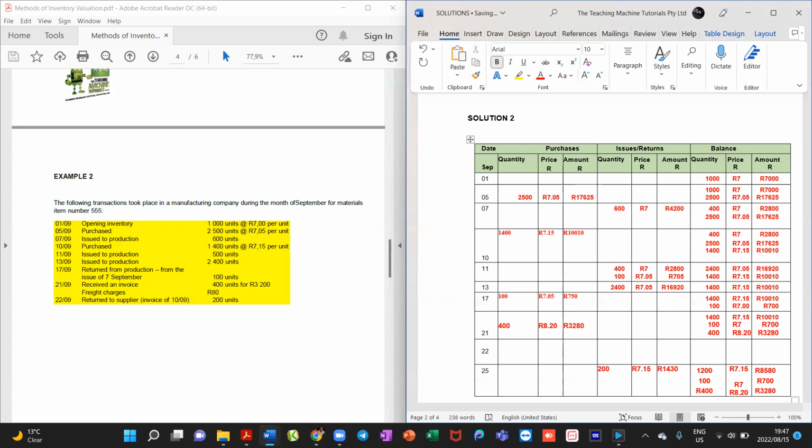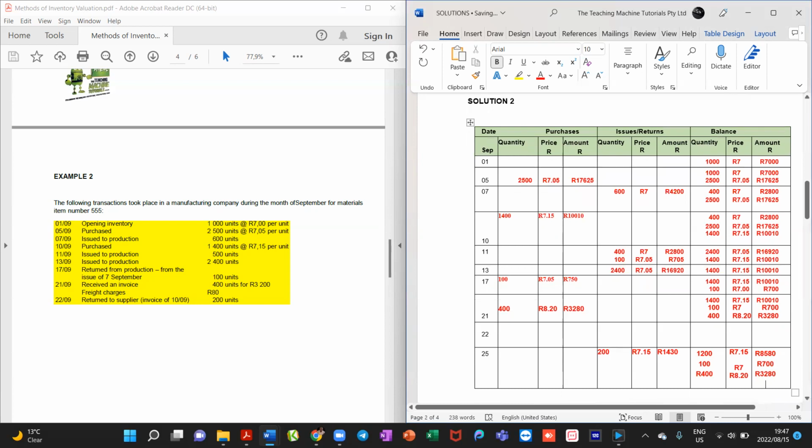All right. So now, if the question says to you, calculate the value of the closing stock using the FIFO method, you will add 8,580 plus 700 plus 3,280. Okay, this is the value of the closing inventory. These are the units that were not issued to production or sold.